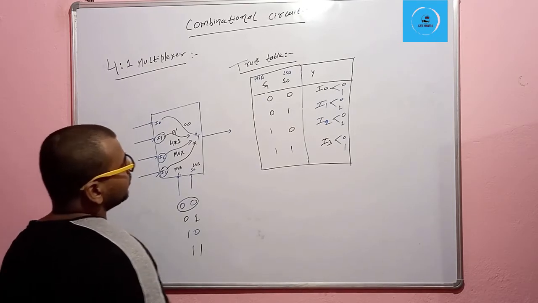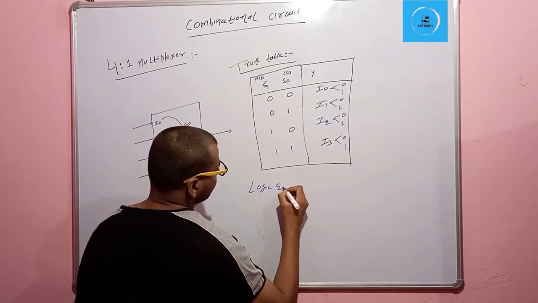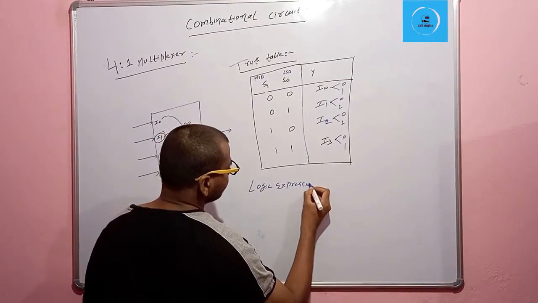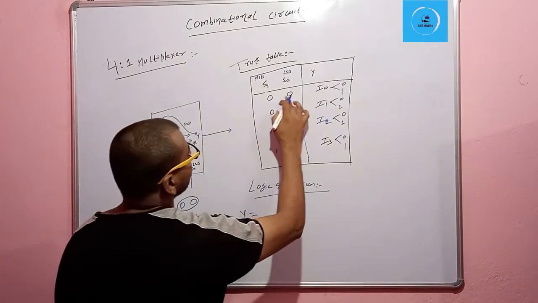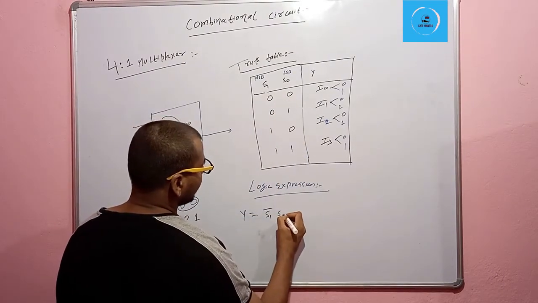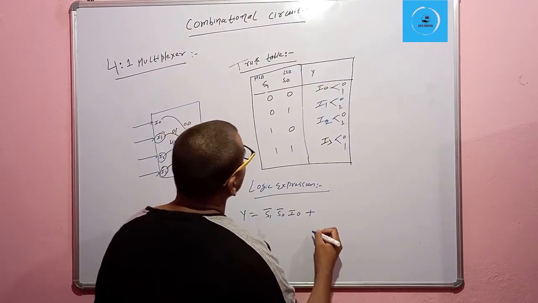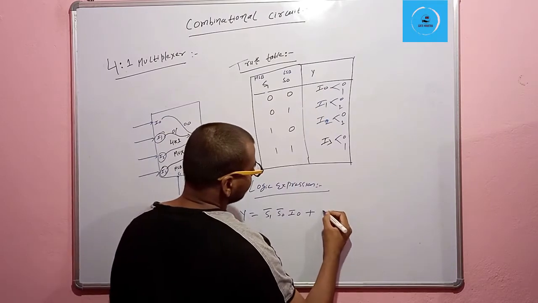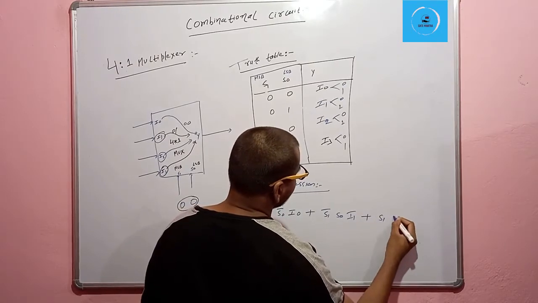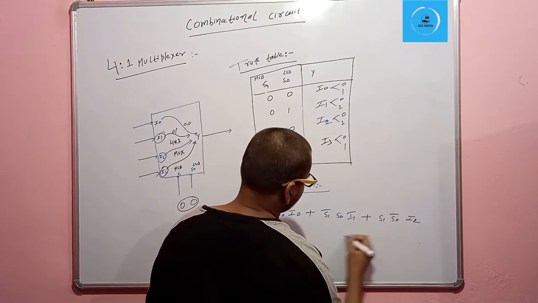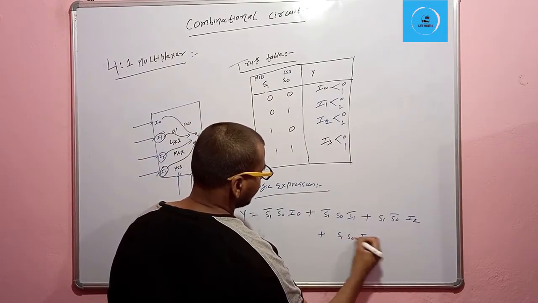Now from here we can write the logic expression as Y is equal to S1 bar S0 bar I0 plus S1 bar S0 I1 plus S1 S0 bar I2 plus S1 S0 I3.